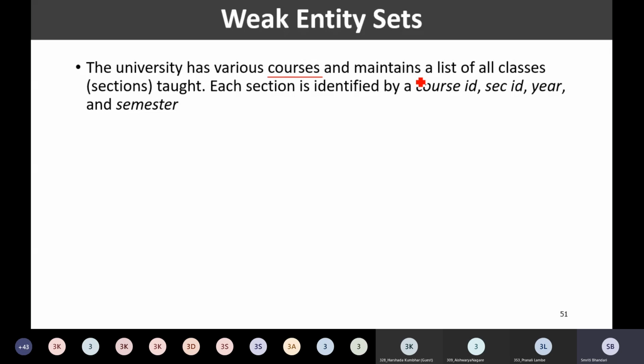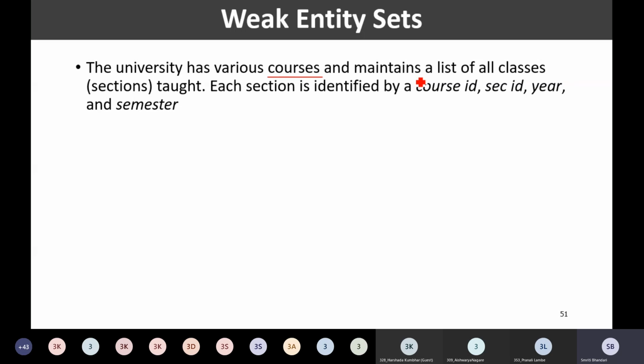So obviously it indicates that every course is partitioned into sections, say section 1, section 2, section 3 and so on. So every course is associated with several sections.